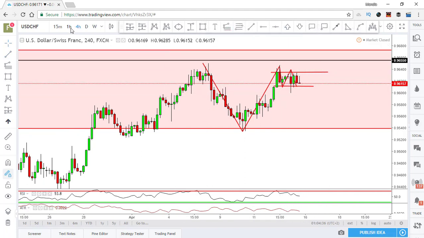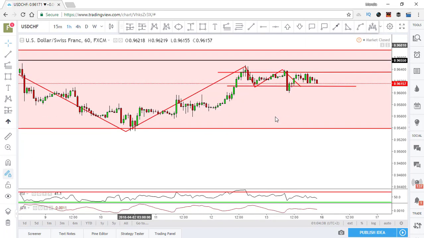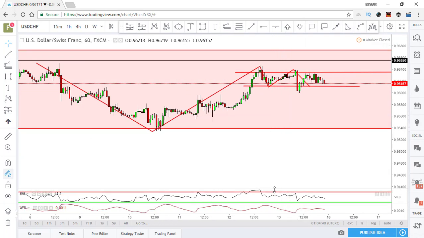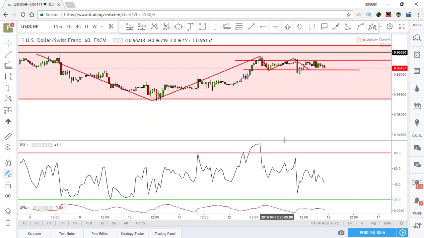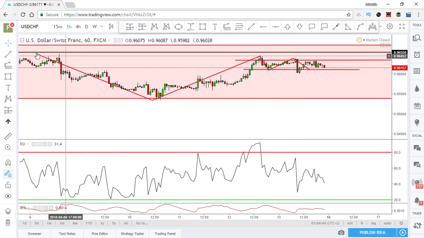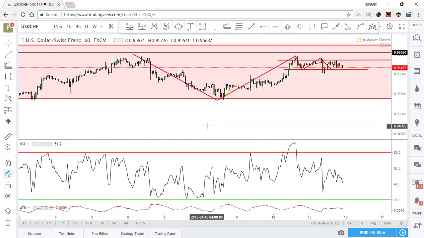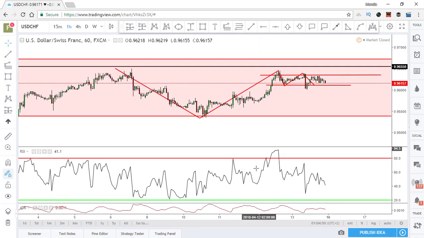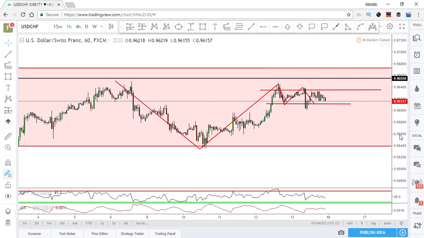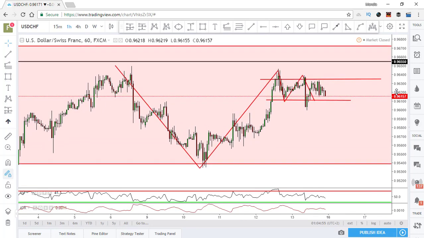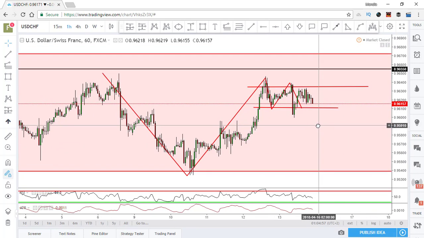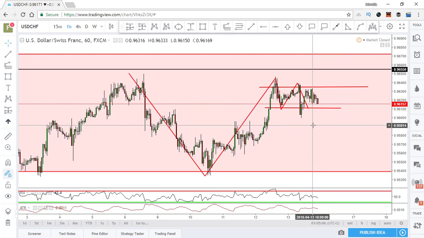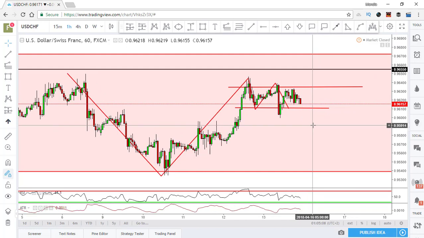As I go to my lower time frame, already we have been exhausted on our RSI indicator as soon as we retested these highs, which gives us a sign that these highs are pretty significant and pretty recognizable on the daily time frame, which would be clearly visible to the market makers too.